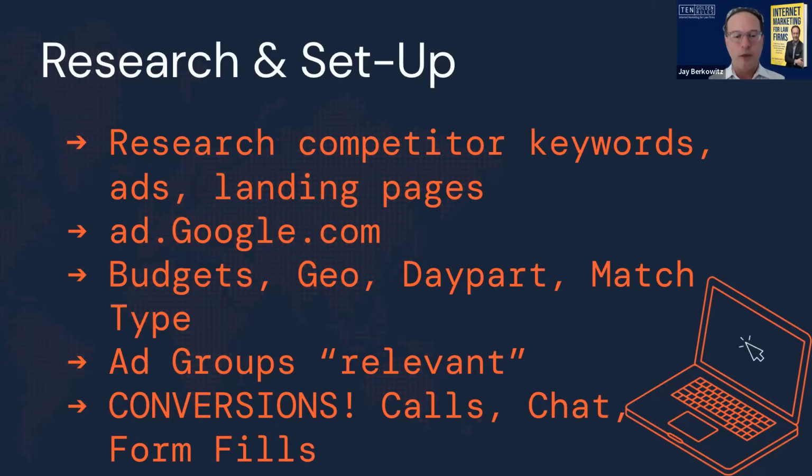We went through that. The ad groups are all relevant. So remember I had the example of all the auto accident attorney keywords, all the auto accident ads, and then all the auto accident landing page. And then I would have nursing home keywords, nursing home attorney, nursing home lawyer, nursing home ads with a very dedicated nursing home attorney, and then a nursing home landing page.